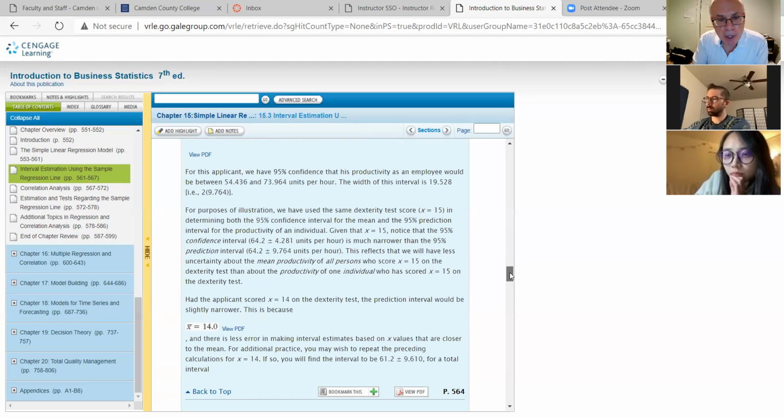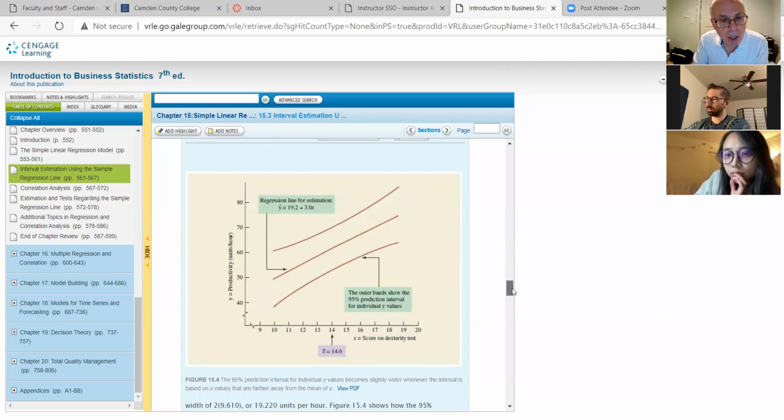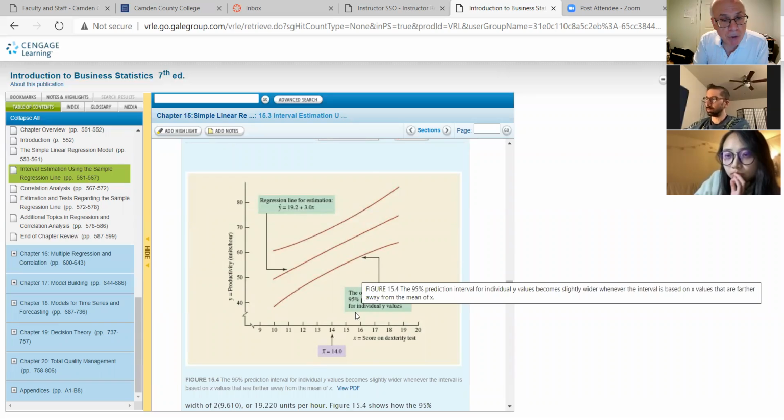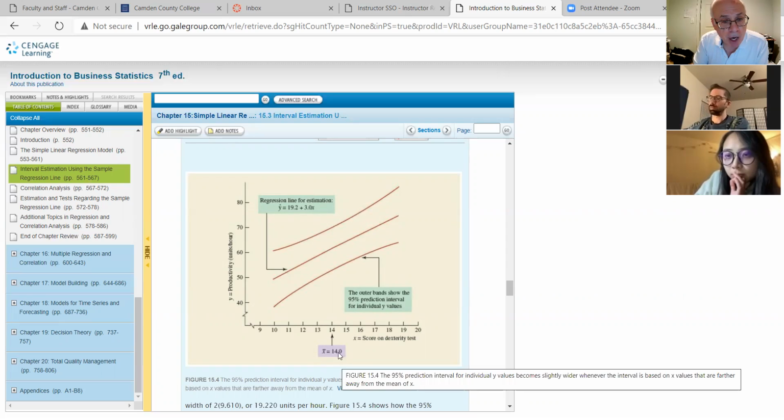I don't know if Minitab has that feature, but you could even create these pictures, which you could do in Minitab, I believe, where you have different values of X here, your scores on the dexterity, and then you would have not only the regression line, but prediction intervals around each one of these.